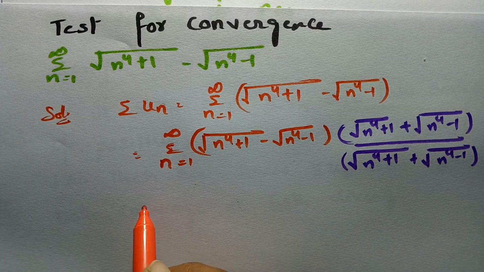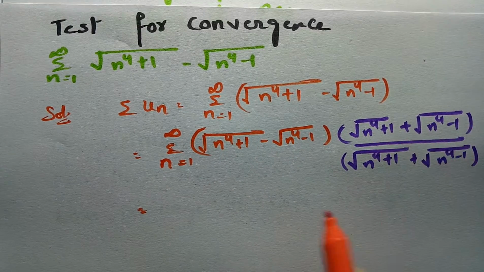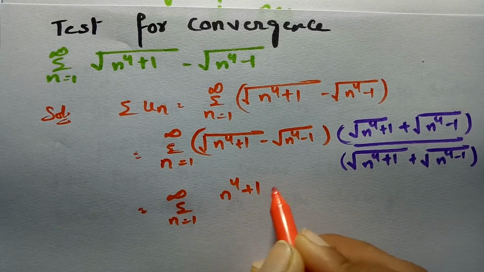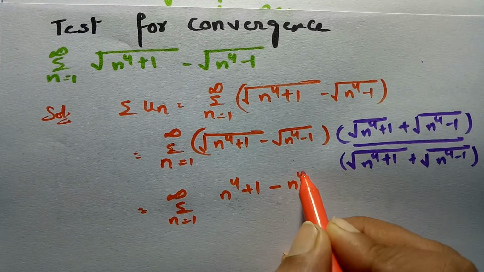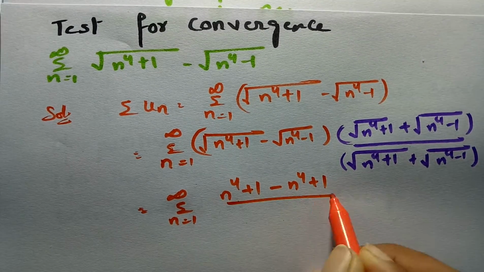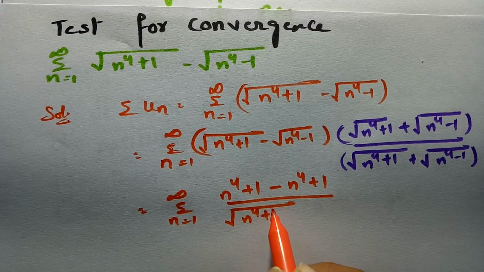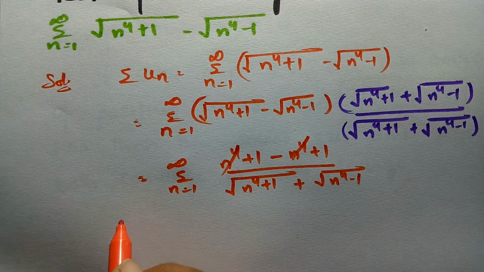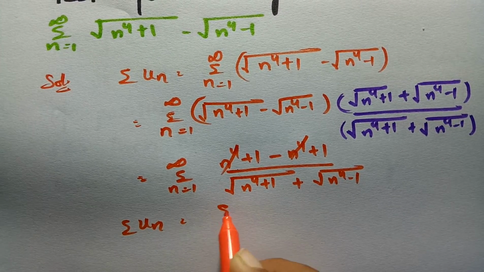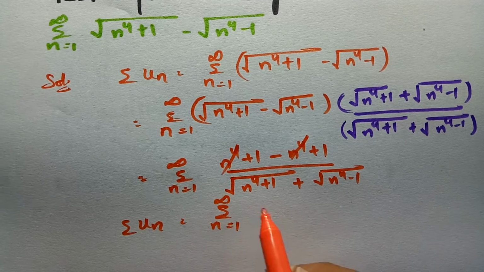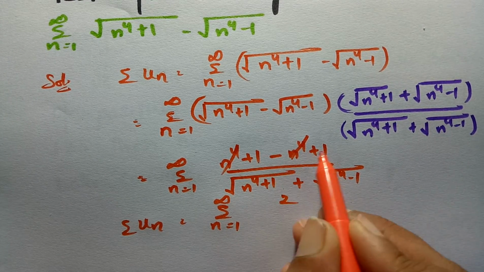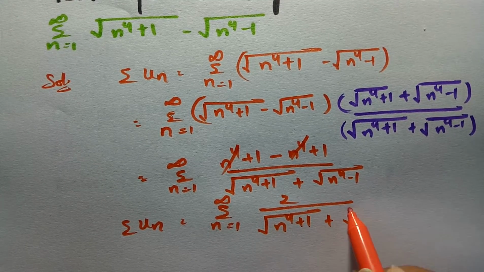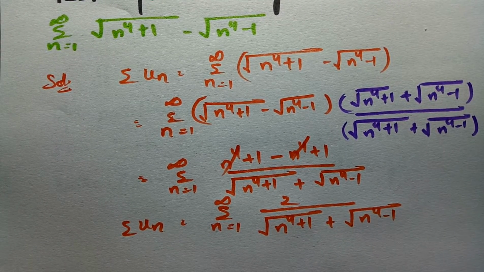As you all know, a plus b into a minus b is nothing but a square minus b square. This will be n power 4 plus 1 minus n power 4 minus 1 over root over n power 4 plus 1 plus root over n power 4 minus 1. If I cancel, then sigma un will be sigma n equal to 1 to infinity of 2 by root over n power 4 plus 1 plus root over n power 4 minus 1.